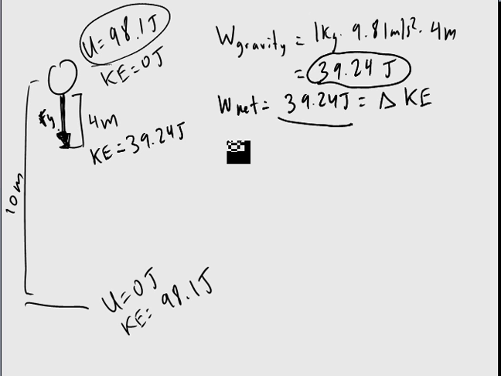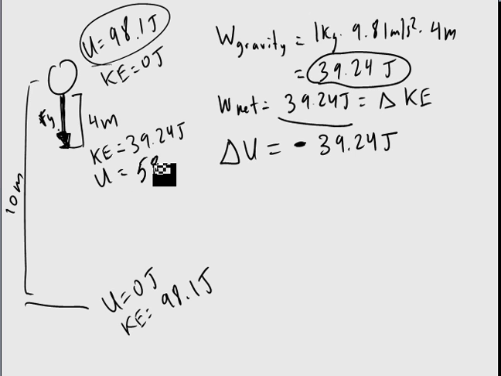If I wanted to find the potential energy, like I said, the change in the potential energy is the negative of the work done by gravity. So it's negative 39.24 joules, which means that if I started out with 98.1 and then I lost 39.24, now I have 58.86 joules.